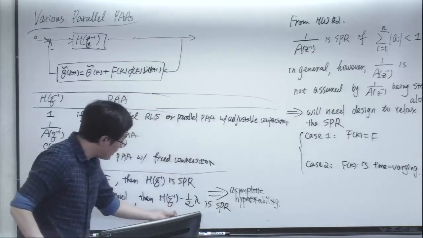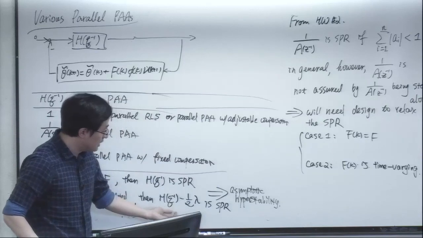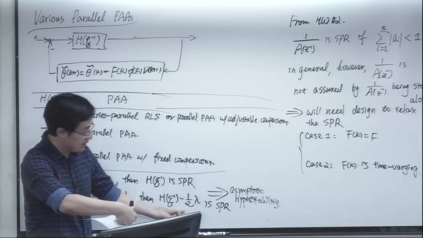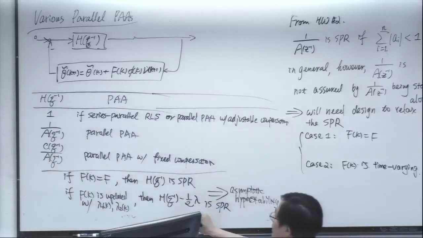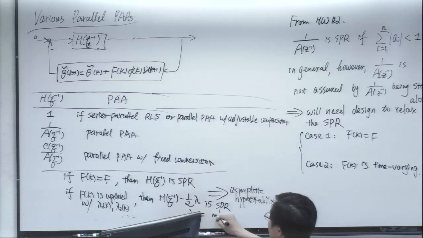This is still LTI, still linear time invariant. In this case, we need this one to be SPR. Here, lambda is the maximum of lambda 2.